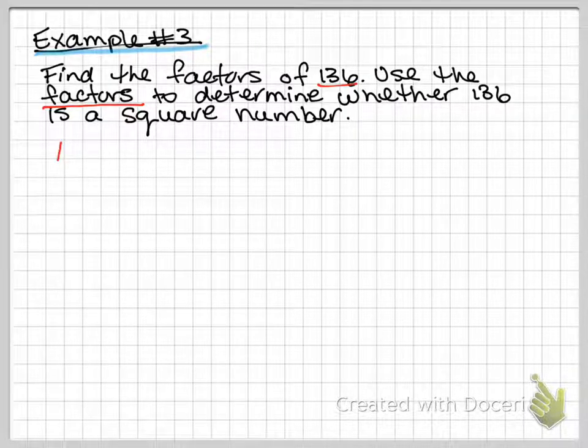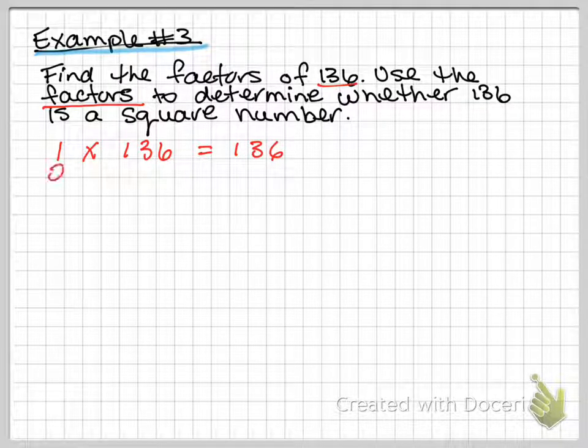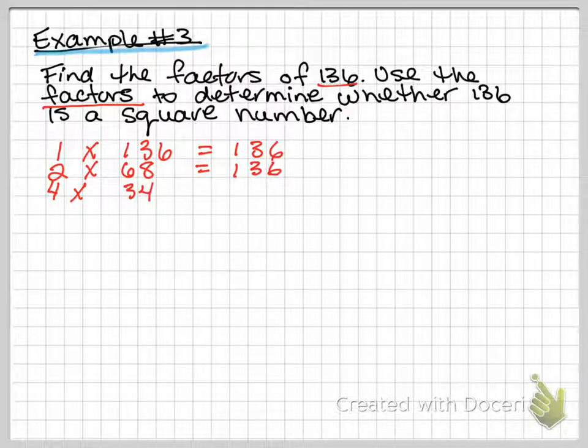So if I have 1 times 136, well, that equals 136. If I go 2 times 68, that also equals 136. If I go 3 times something, it won't work, but I can go 4 times 34.